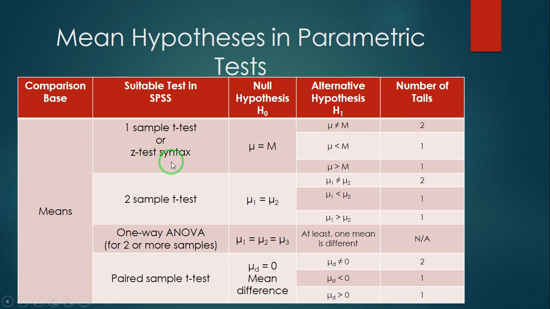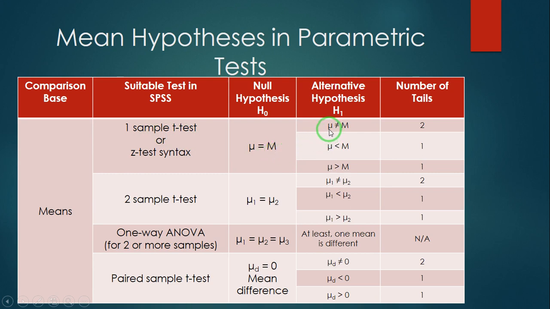So we have to use syntax, which is the SPSS language. And here in this case, null hypothesis is mu equals m, in which mu is the mean of the sample and m is a specified value for the mean.